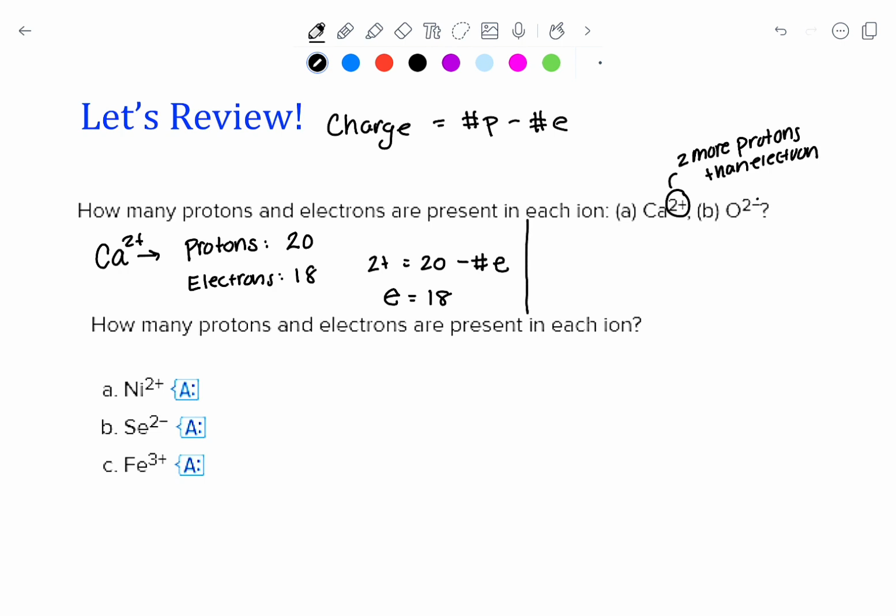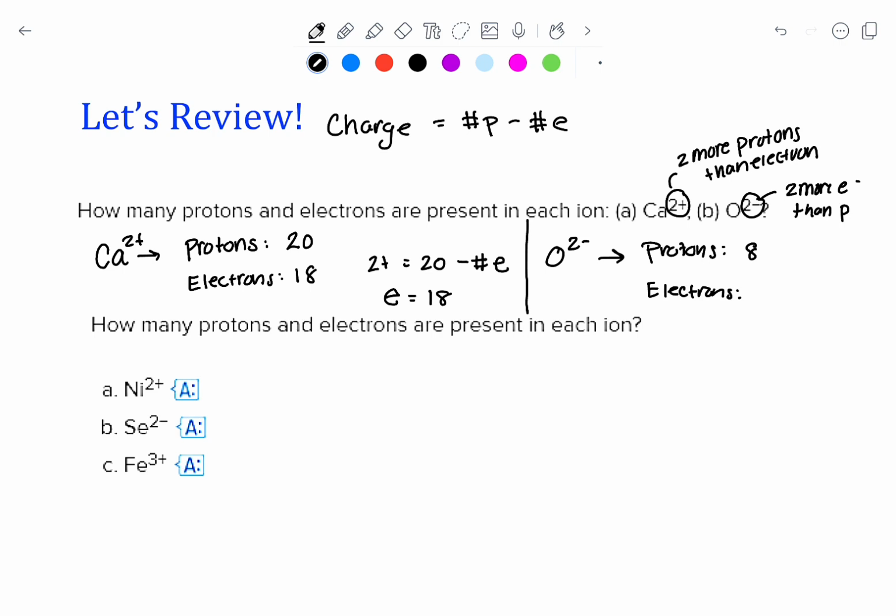Our next example is oxygen 2-, which means we have 2 more electrons than protons. Let's find it on our periodic table so we can find our number of protons. Oxygen is element number 8, so it has 8 protons.